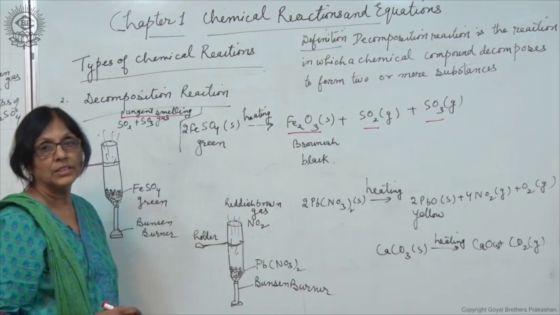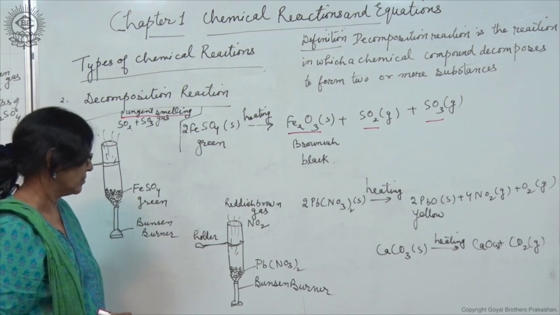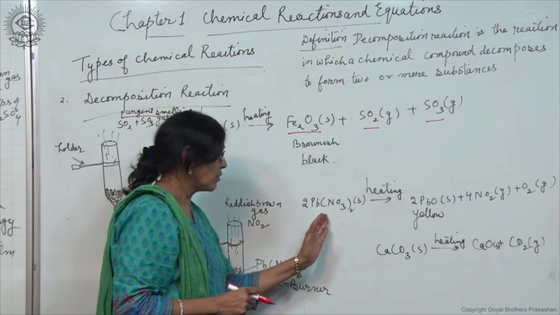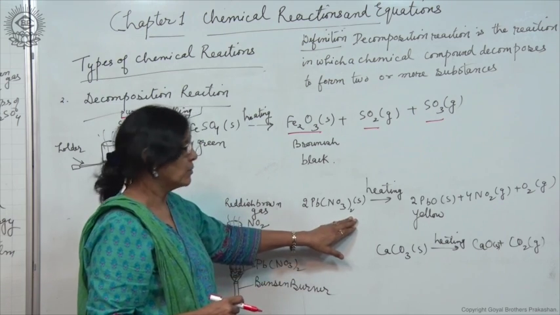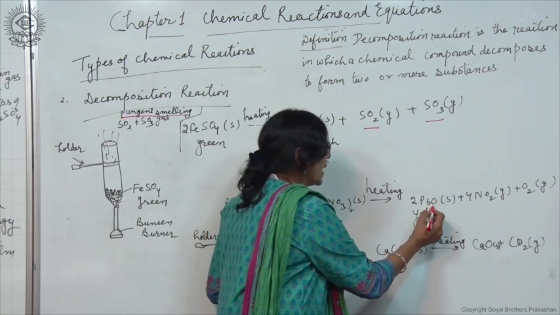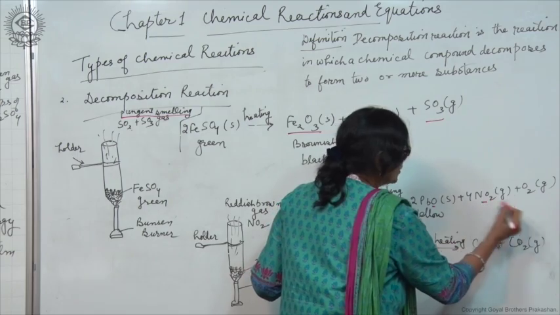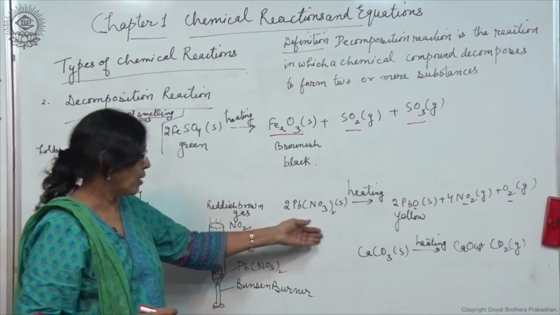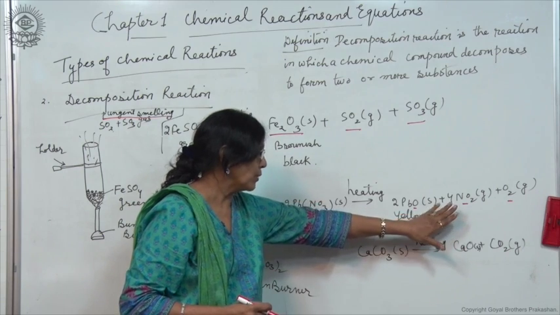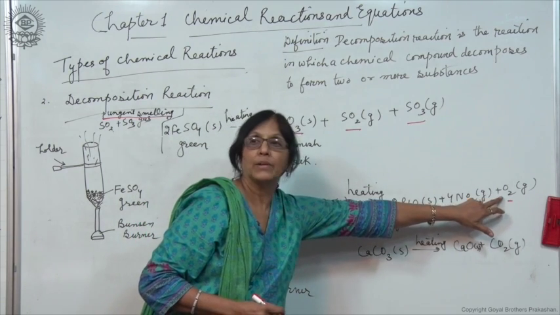This gas is nitrogen dioxide. In this case also, lead nitrate Pb(NO3)2 forms lead oxide, nitrogen dioxide and oxygen. One compound forms 3 substances, 2 compounds and 1 element, oxygen.